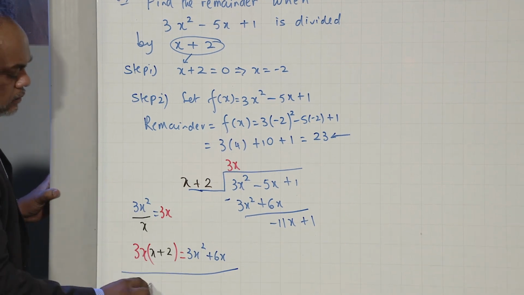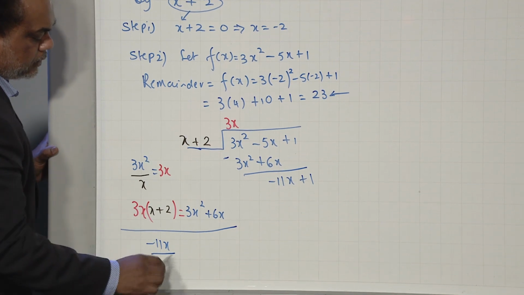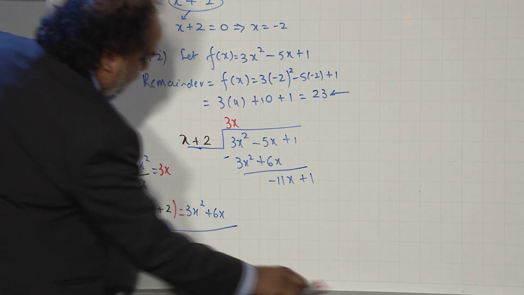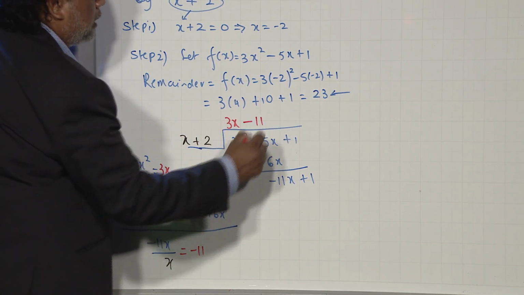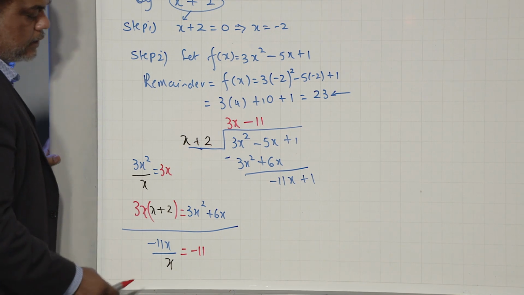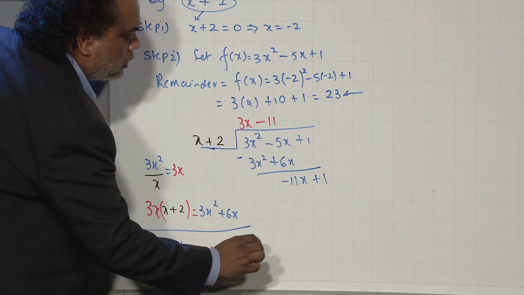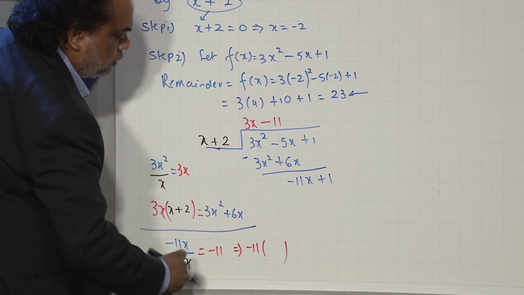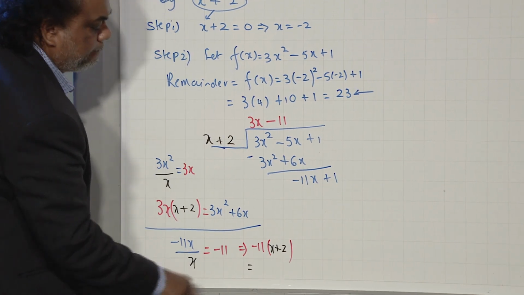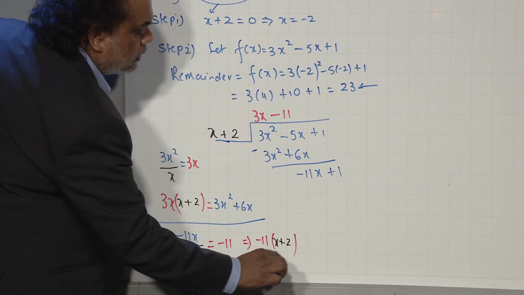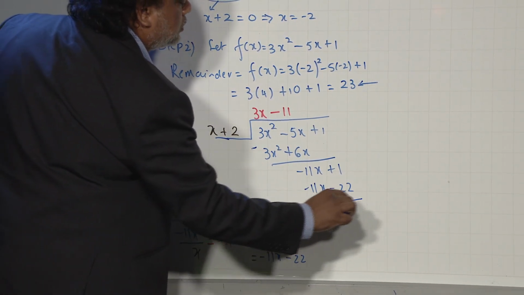We will repeat. Minus 11x divided by x gives me minus 11. So I write minus 11 here. And then with the minus 11, as you know, we are going to multiply by x plus 2, which gives me minus 11x minus 22.